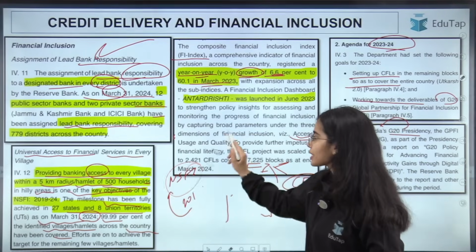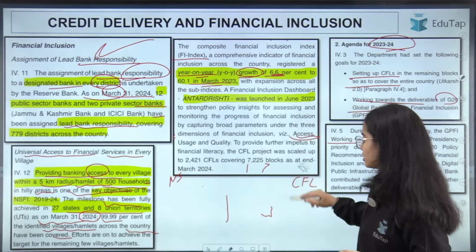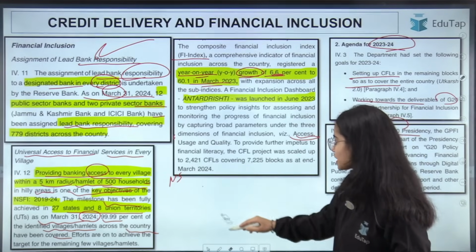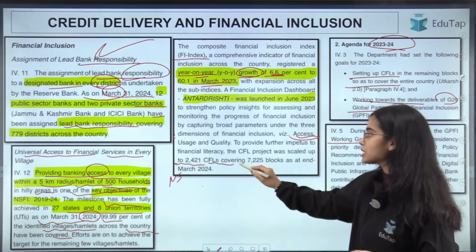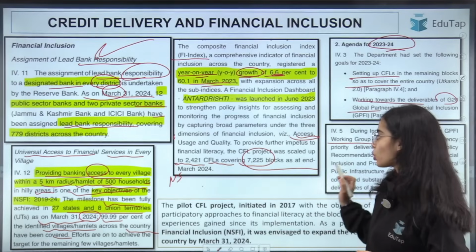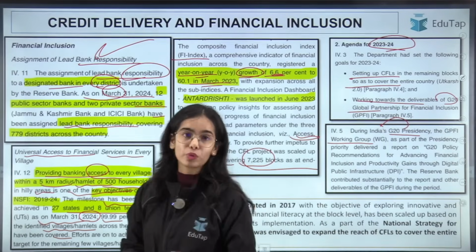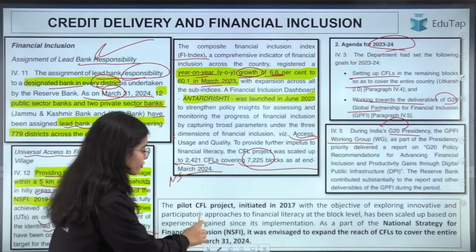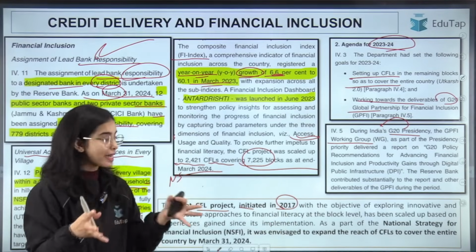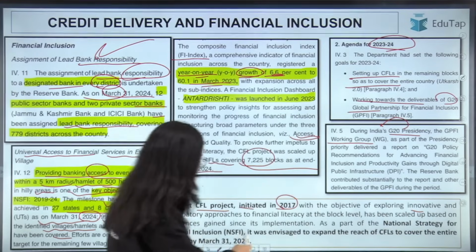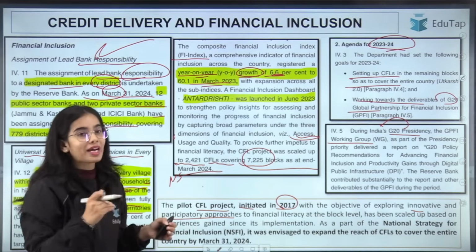Now the CFL projects were scaled up to 2,421 CFLs covering 7,225 blocks as at the end of March 2024. The pilot CFL project was initiated in 2017 with the objective of exploring an innovative and participatory approach to financial literacy.